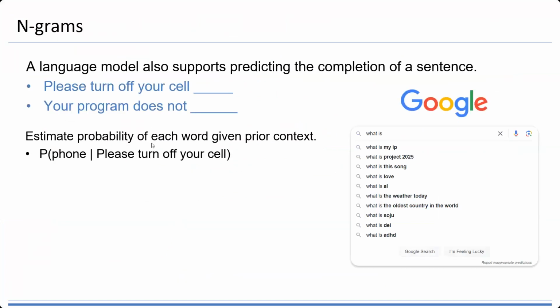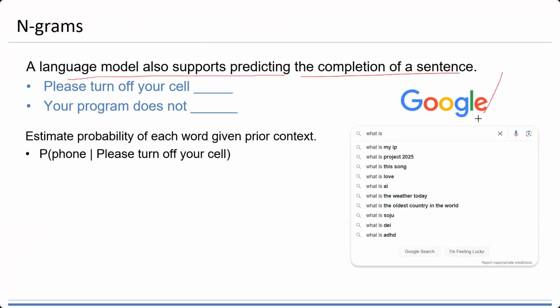Now, we use n-grams to predict some kind of sentence. So we can use the n-grams to predict the completion of a sentence. I will just show you a very simple one.